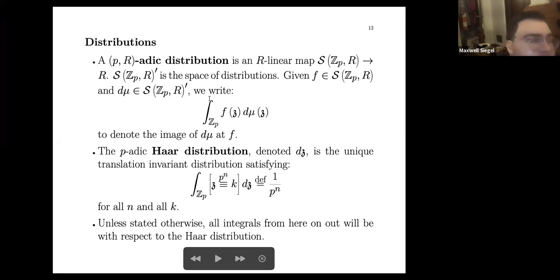What is CP? CP is, we can say, the complex p-adic numbers, but it is the metric completion of the algebraic closure of the p-adic numbers.